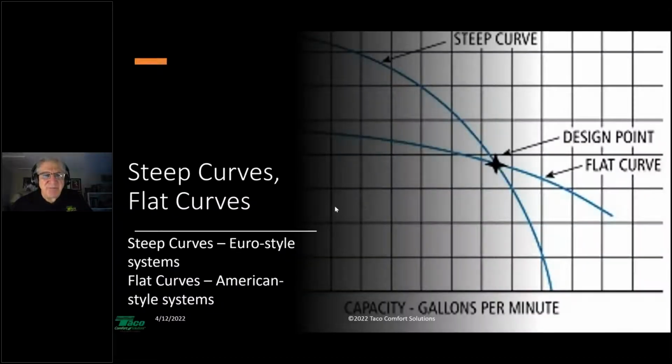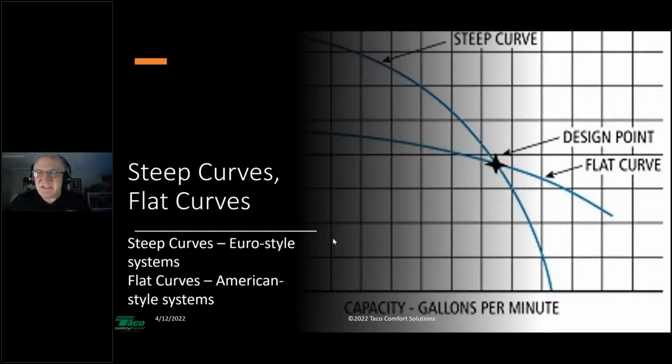All righty. Pump curves. Now that we know we need 3 gallons a minute at 6 feet of head, let's talk about pump performance curves. At Taco, we figure these things out in the factory based on how the circulator is designed, the horsepower of the motor, and all that good stuff.